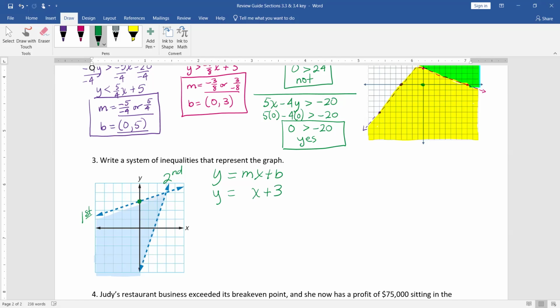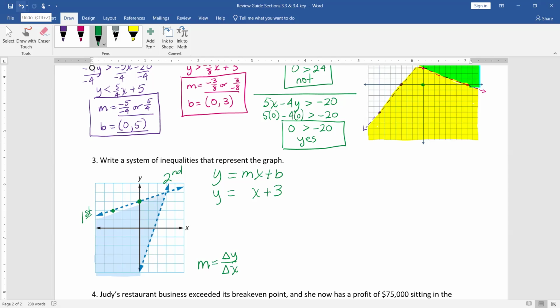Now, from that y-intercept, I need to find another nice, neat point. It looks like I have one here. What I need to look at is where do I go to get from my y-intercept to that point? That's going to give me my slope. Slope is the change in y over the change in x. The numerator is up and down, and the denominator is left and right.